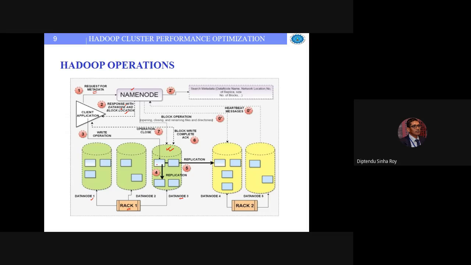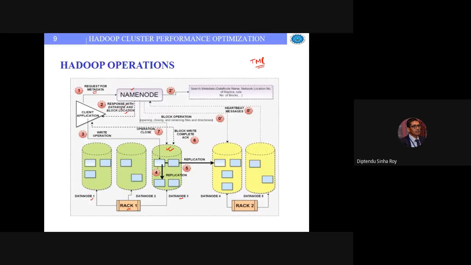Based on that, n number of replications will be made. Once the first copy is made, the replication copies are also made. Usually replicas are kept in such a way that triple modular redundancy is used, where 3 replica copies of each block are made.